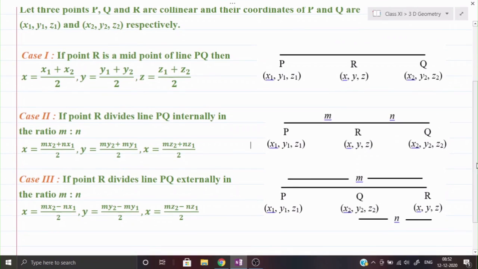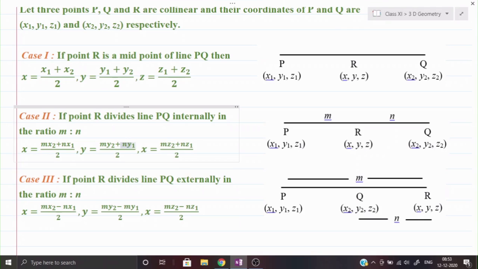Internally means R lies between P and Q. So in that case, what will be the coordinates of point R? x is equal to m times the x coordinate of Q plus n times the x coordinate of point P, means mx2 plus nx1 whole divided by m plus n. In the same way the y coordinate will be my2 plus ny1 divided by m plus n, and in the same way the z coordinate, mz2 plus nz1 divided by m plus n.